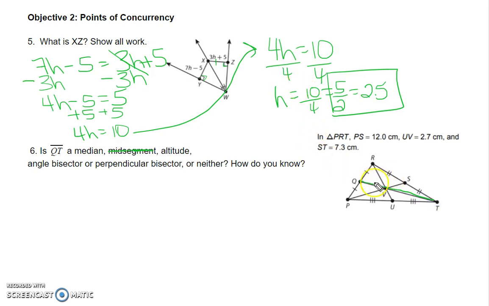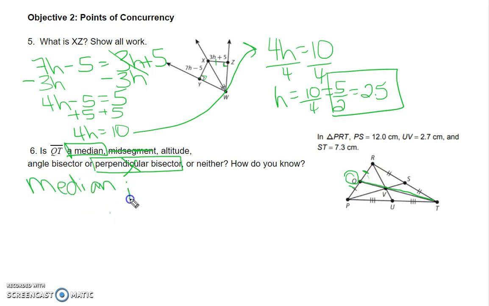I also see that it has markings of congruency, which makes Q a midpoint. We had two that had a midpoint, and that was the median and the perpendicular bisector. Well, it's easy to discern between the two because I don't see a 90-degree mark, so that means it's not perpendicular. So this is a median.